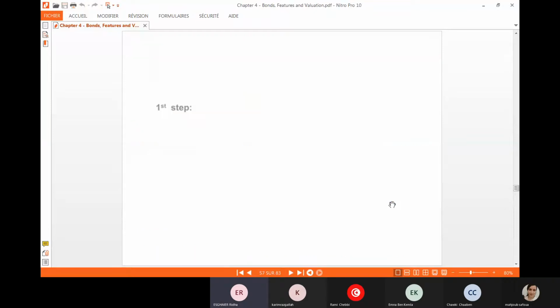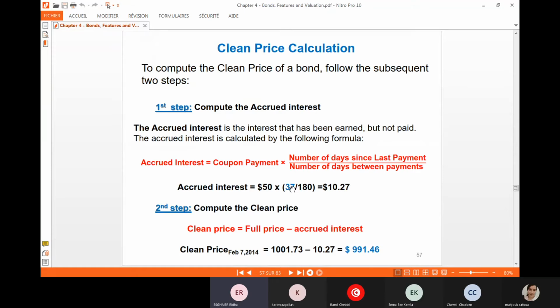So the interest for simply the 37 days from the previous coupon payment date and the desired date is simply 50 over 180 times the 37 days. You get the accrued interest. To compute the clean price, or the flat price, we call it also, we subtract from the full price this accrued interest. You get the clean price.